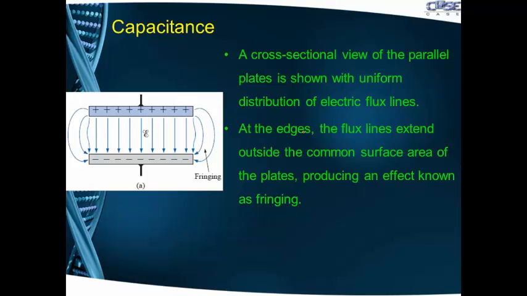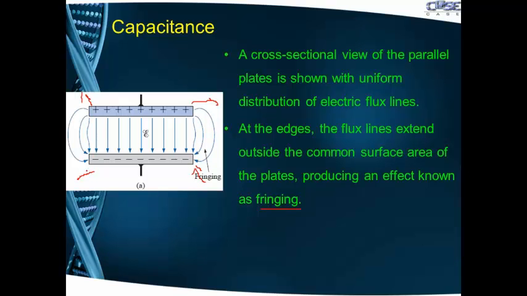At the edges, the flux lines extend outside the common surface area of the plates, producing an effect known as fringing. You know that for any charge, positive or negative, electric field lines come out in different directions.